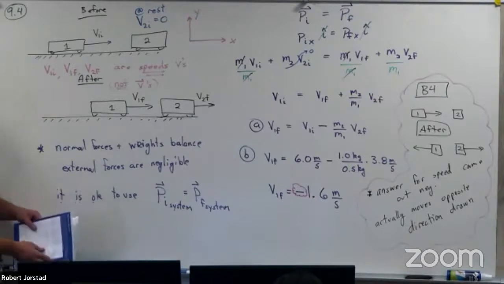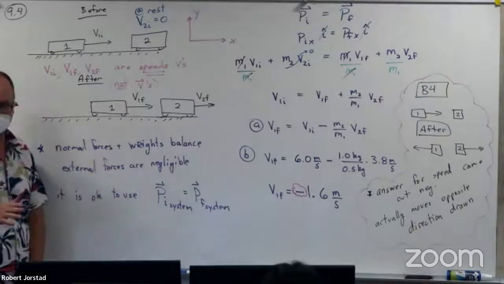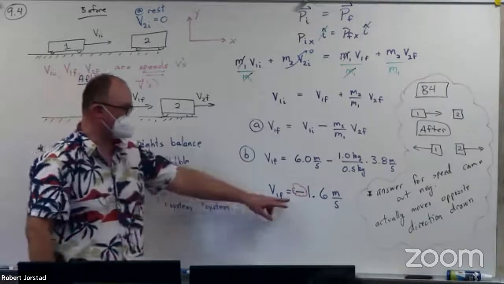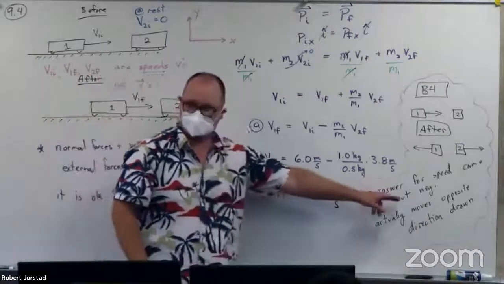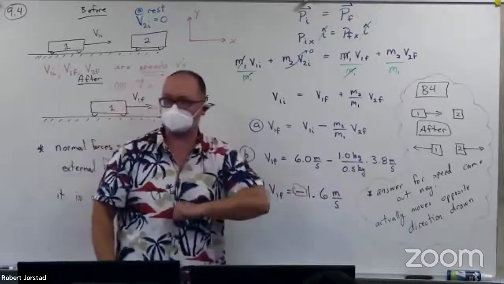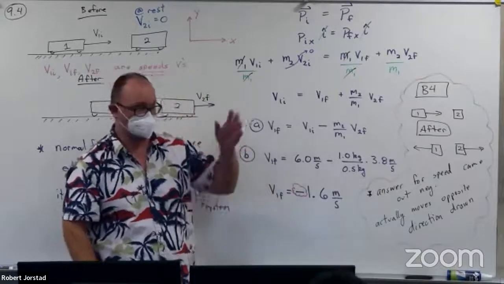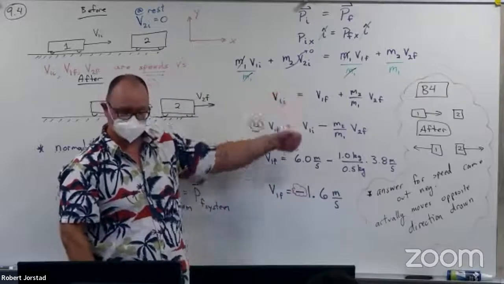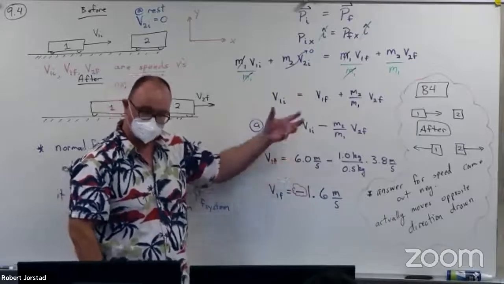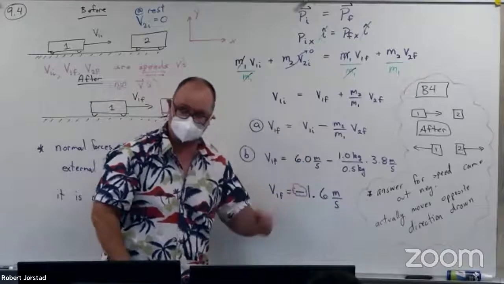If you don't know what direction the objects go, just pick one and do it. And what will happen is, if you get a minus sign, it's opposite the direction drawn. If you don't get a minus sign, you guessed correct. This is true for bridges, where you don't know if a strut on the bridge is under compression or tension. Just take a guess, draw it. Civil engineers use this all the time.